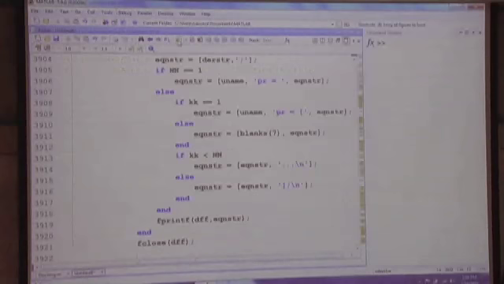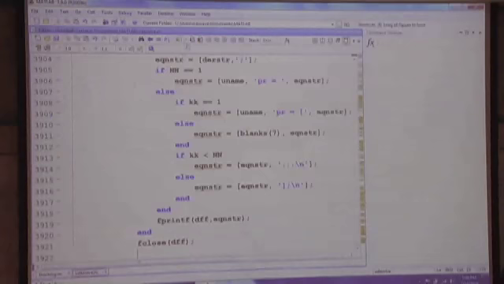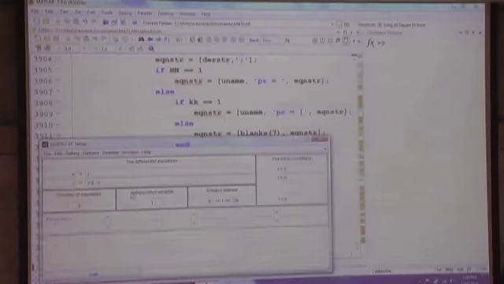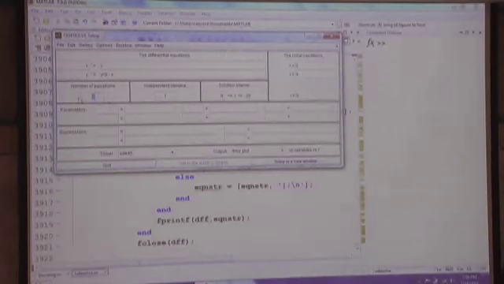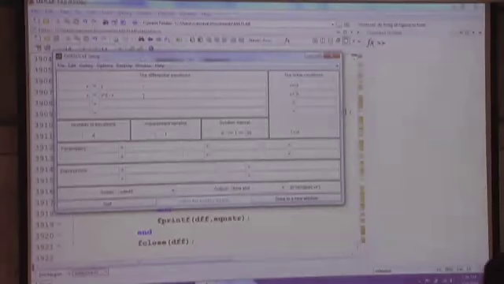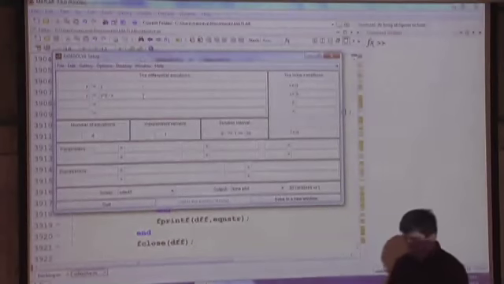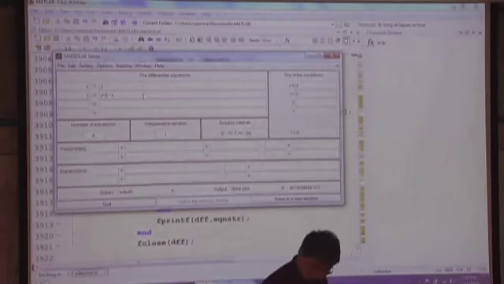Well, it's similar to p-plane the way it starts, with the exception that now you can actually change the number of equations. So remember, p-plane only had 2 equations.